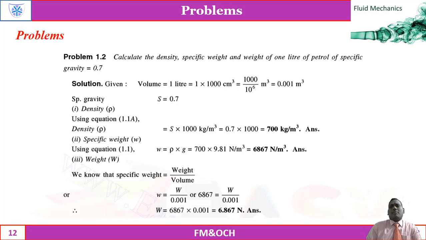Now a problem may be given for petrol: please calculate the density, specific weight and weight. So first of all, what is given? The volume is given as 1 liter, that is 1000 cubic centimeters, or we know already 1 cubic meter is 1000 liters, so it is converted to 0.001 cubic meter.